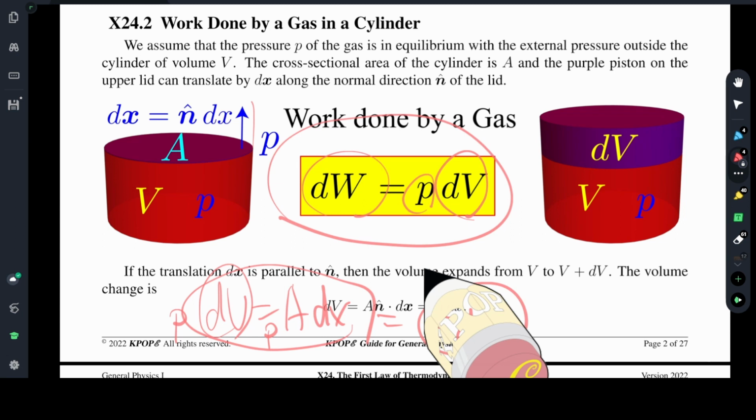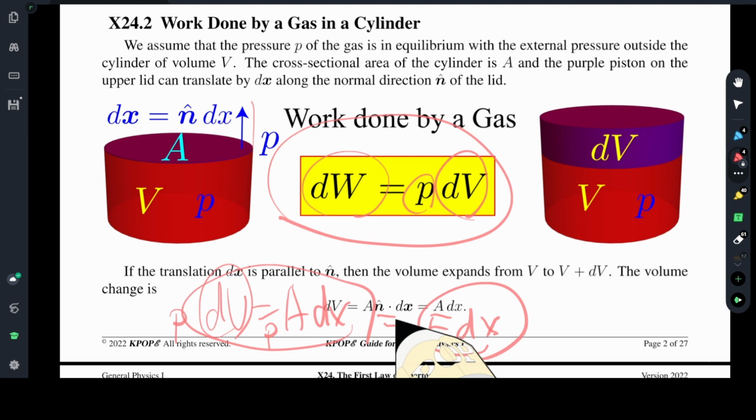Therefore, it is proportional to the temperature. So if there is no energy supply, when a gas expands, the gas works and loses its own energy. Therefore, the temperature will go down.